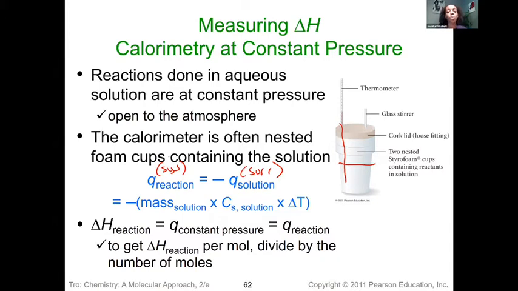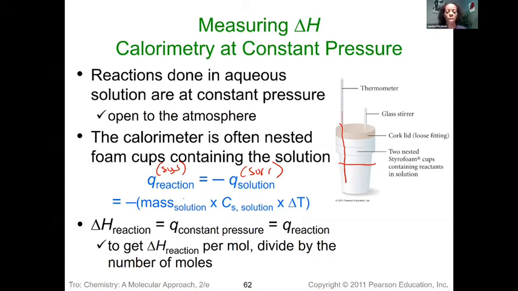We now are going to be using our old heat equation, which involves the mass and the specific heat of the solution, so we need to take into account how much is present. Because we're measuring at constant pressure, those other variables drop out, so the enthalpy of the reaction is directly equal to the heat of the reaction.